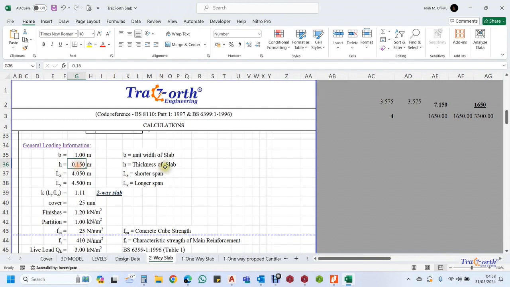So in this case, we have already determined our preliminary size, which is subject to change if it doesn't pass condition. Then our lx we say is 4.05. Then the ly, which is the long side, is 4.50. Let's confirm that again.